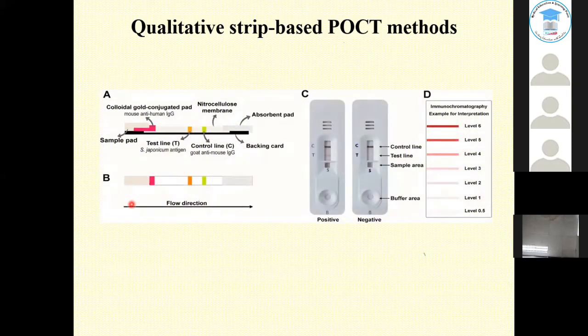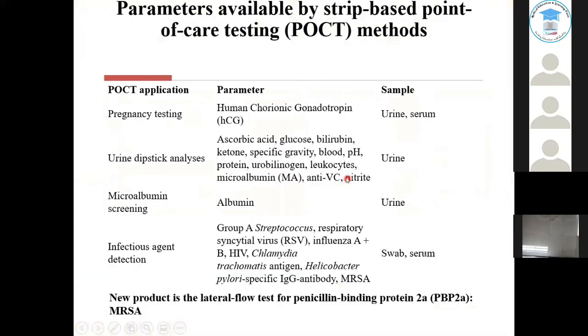So these are the very typical and very common lateral flow immunoassays that you see, and this is used primarily for pregnancy testing for detection of HCG in urine, dipstick analysis for every possible analyte: glucose, bilirubin, ketone, specific gravity, pH, blood, and protein, which you must be doing very routinely anyway.